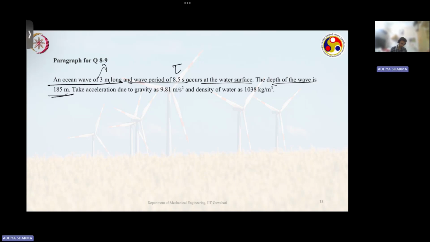Then acceleration due to gravity is given as 9.81 and the density of water is given as 1038 kg per meter cube. Then questions have been asked based on this information.